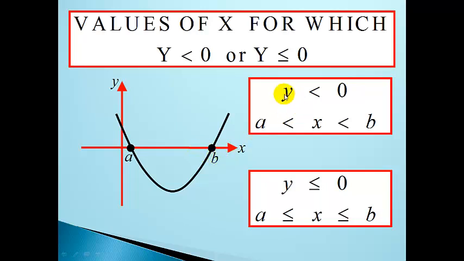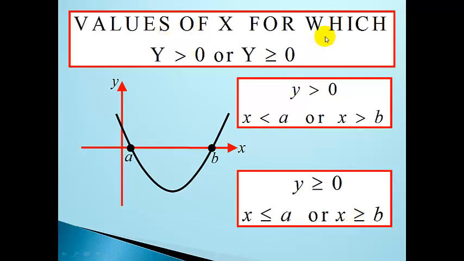Because it's y less than 0, take note of the inequality sign. This is less than, which means that a and b are not included. For y less than or equal to 0, it's the same interval, but now the sign has changed. So it is a less than or equal to x, less than or equal to b.